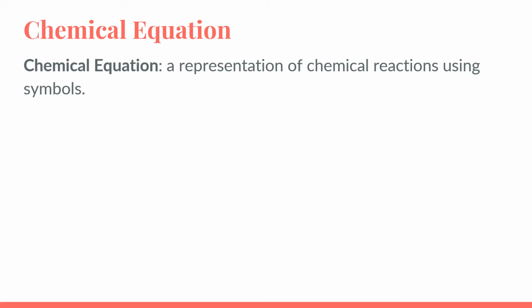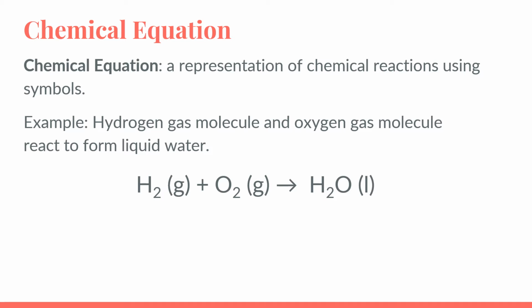Let's start with a chemical equation. I have an example. Here we have hydrogen gas and oxygen gas react to form water. Here's the hydrogen gas, here's the oxygen gas, and here's the water. In our little mini lab, there's a little box that talks about a word equation. This is what I'm thinking of. This is our word equation.